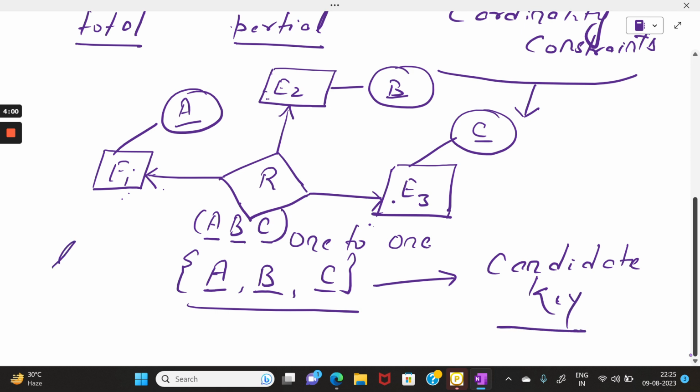We have already seen that when we have a binary one-to-one relationship, both the key attributes are separately treated as candidate keys. So it is just an extension of the one-to-one binary relationship model.